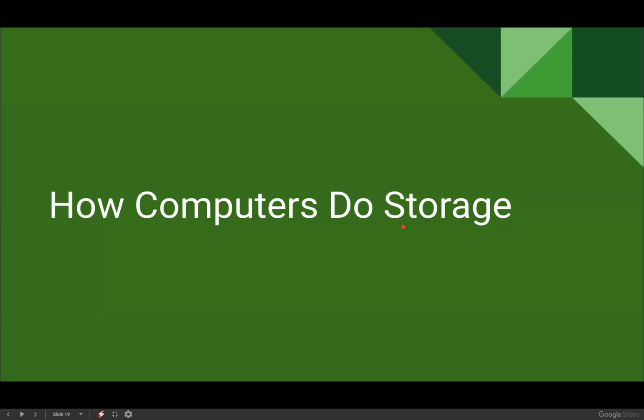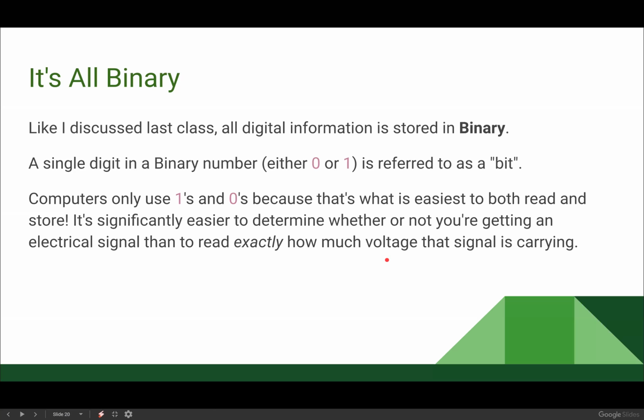So with that knowledge in mind, let's discuss how computers actually store information. Like we talked about last class, all digital information, all of the information stored by computers, is stored in binary. A single digit in a binary number, one of the things that is either 0 or 1, is referred to as a bit.